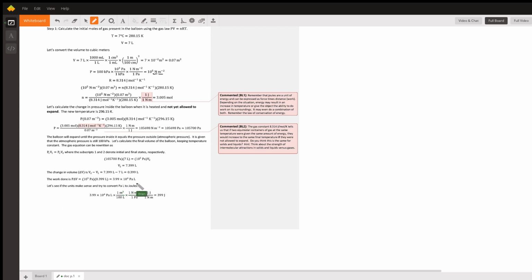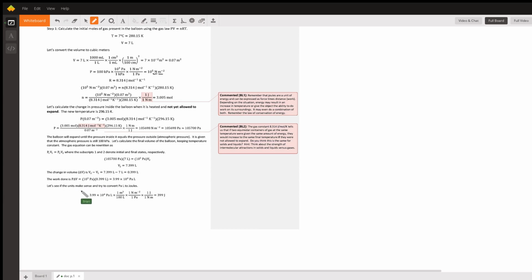The units look a little funny. It doesn't really look like energy, but let's prove to ourselves that this is indeed a unit of energy. Let's convert it to joules. And this is why I thought it would be useful to express liters as cubic meters.